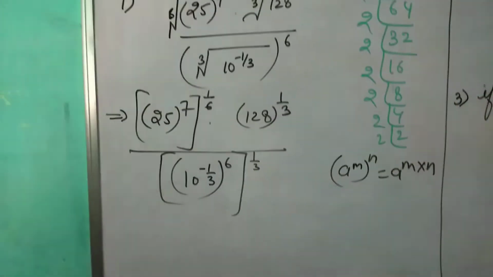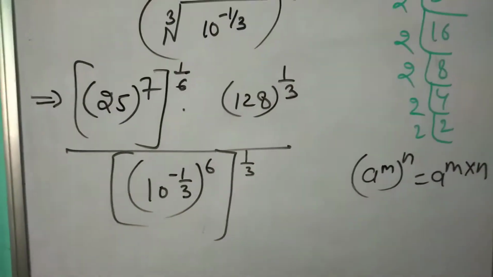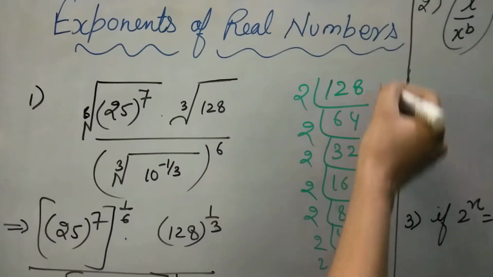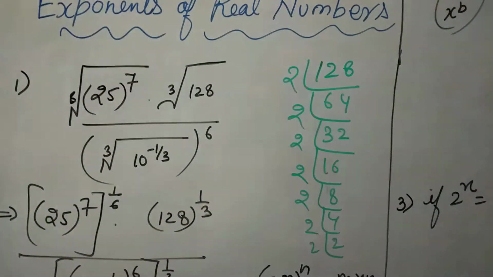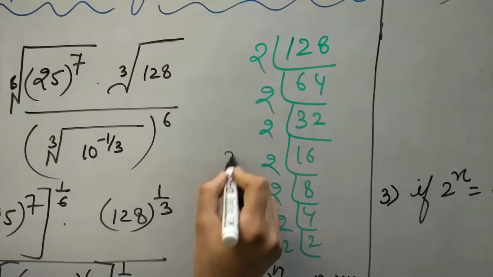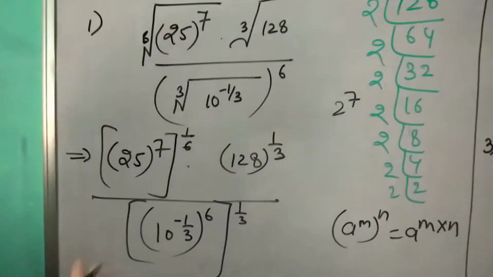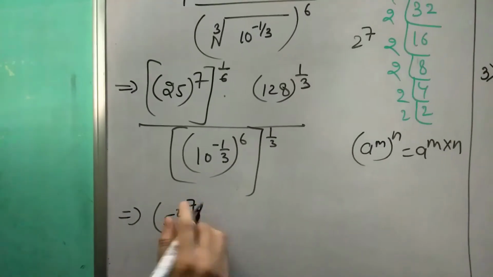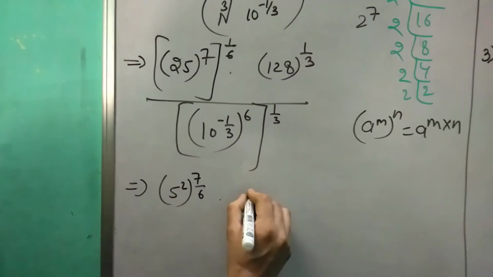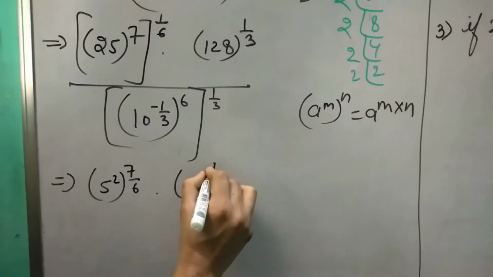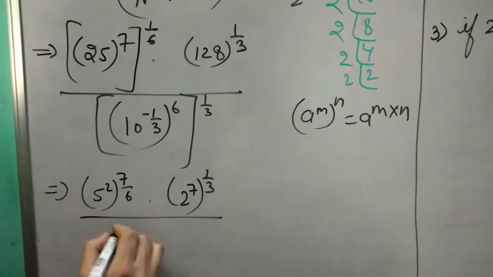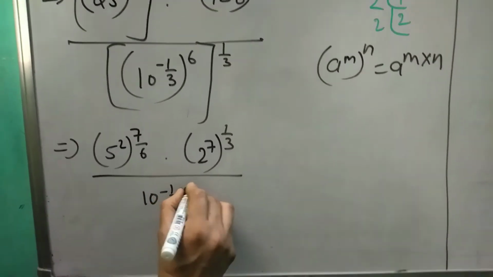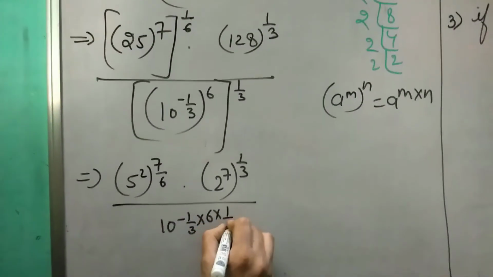Now 128 in the form of prime factors is 2 to the power 7. So 25 we can write as 5 squared to the power 7/6, multiplied by 2 to the power 7/3, upon 10 to the power minus 1/3 into 6.